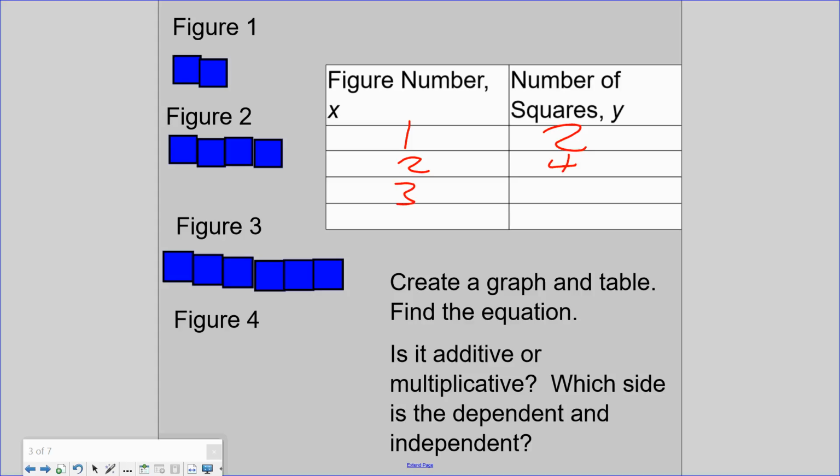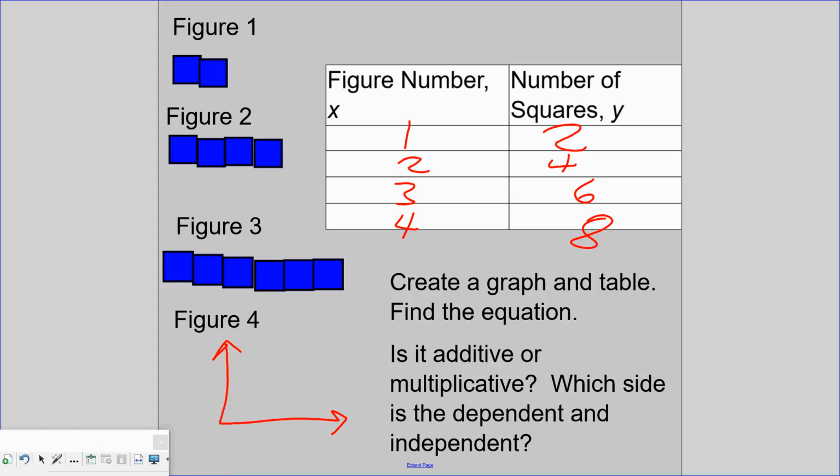In figure 3, there are 1, 2, 3, 4, 5, 6 squares. If I had to make a prediction for figure number 4, I predict there will be 8 squares. So if we created a graph from this, we will use quadrant 1 because these are positive numbers.